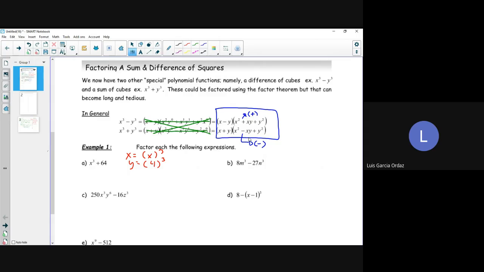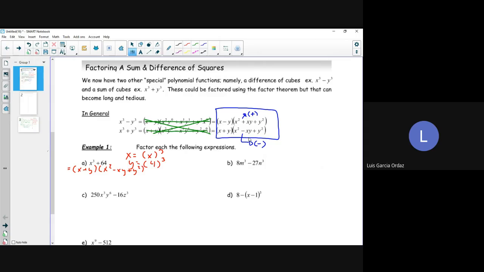So we determine that this is a sum of cubes. We need to follow the expression x plus y times x squared minus xy plus y squared.